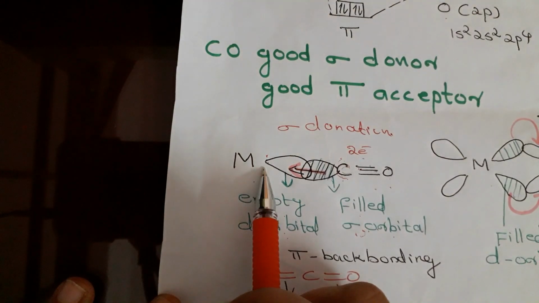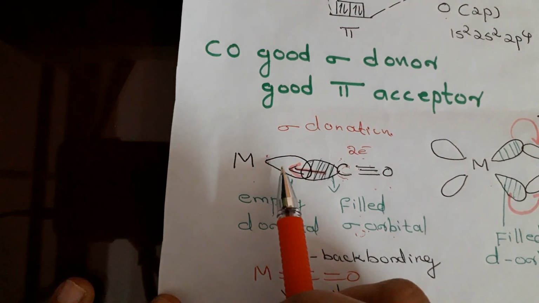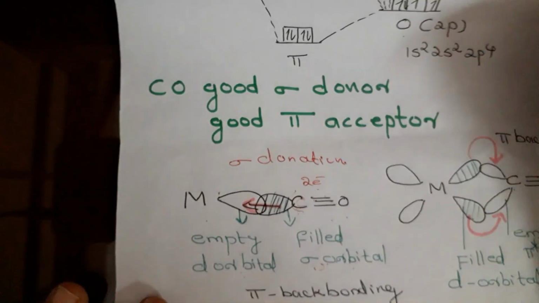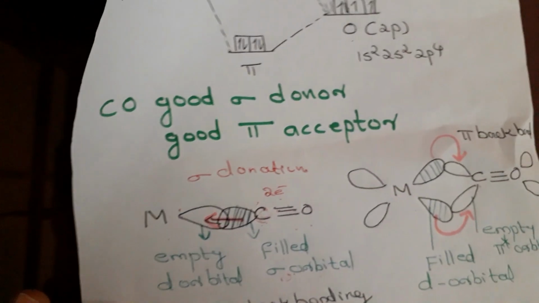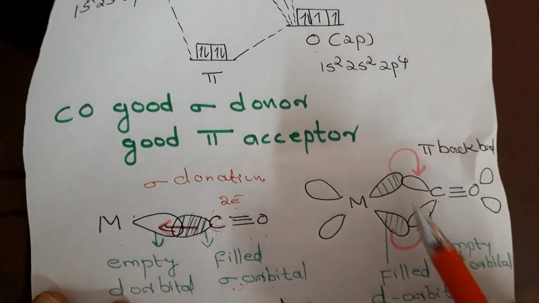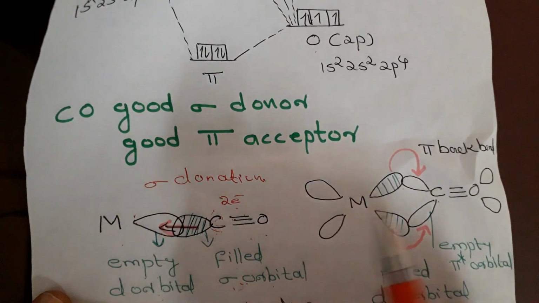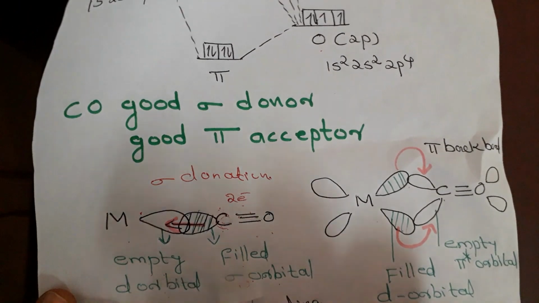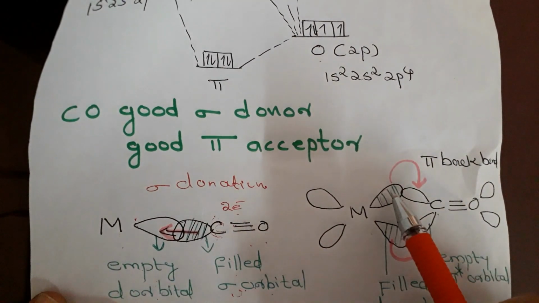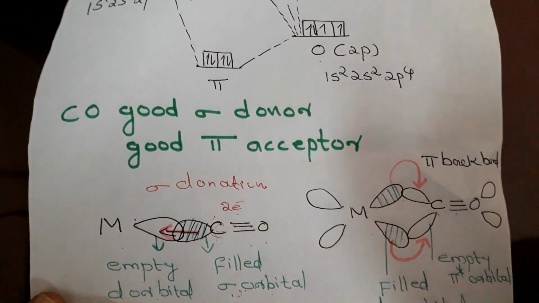So the metal donates this excess electron back to the carbonyl group. The metal's d orbital is now filled with electrons, so this filled d orbital back-donates to the carbonyl group's pi star antibonding orbital.